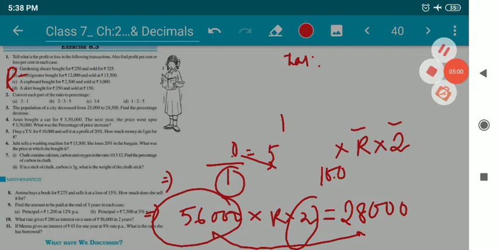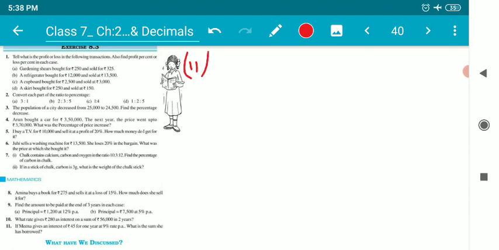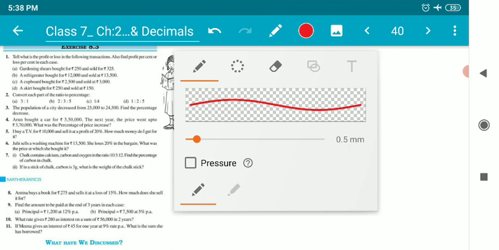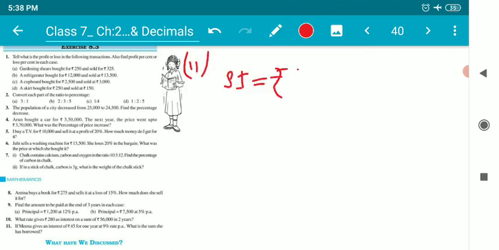Question number 11. What is being told, we need to understand carefully. If Meena gives an interest of rupees 45, the simple interest is 45. It is already mentioned in the question. Simple interest is rupees 45, for 1 year, so time is 1 year.